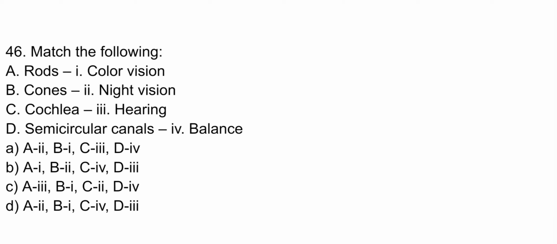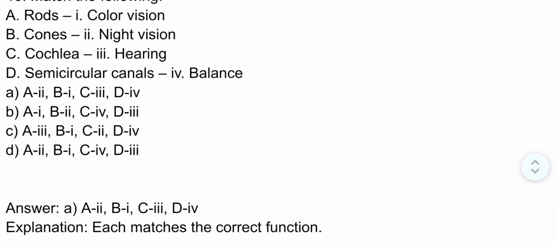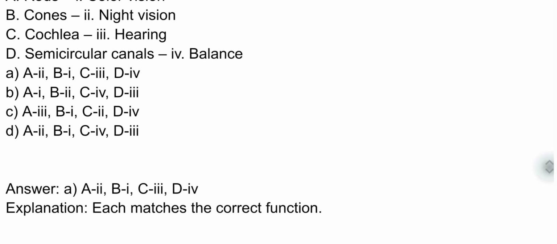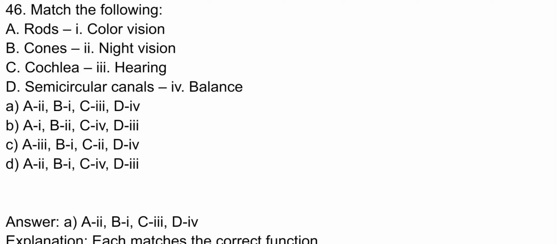The correct option is option A. Rods for night vision, cones for color vision, cochlea for hearing, and semicircular canals for balance. Each matches the correct function. So the correct option is option A.